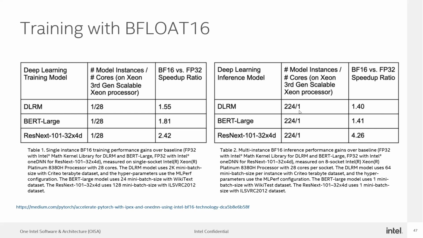Simultaneously we run 224 instances, and as the result, bfloat16 achieved 1.4 times better performance compared to FP32. Similar numbers for BERT large, and again over 4 times better performance for the image topology, ResNeXt.